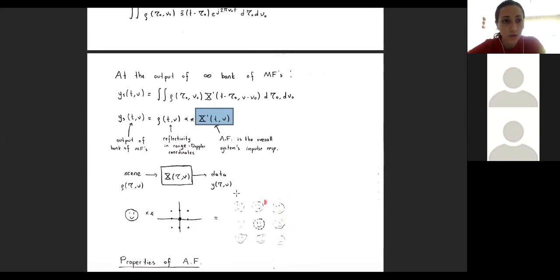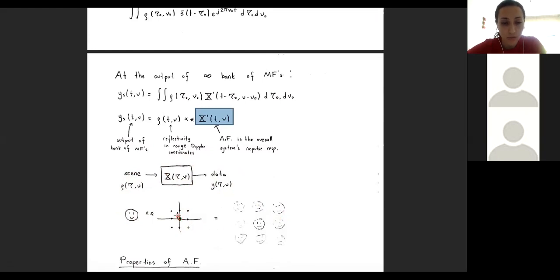So you can interpret this like this. Suppose we have a scene, rho of tau, v, and we have the ambiguity function, which is the impulse response of our system. The output we're going to obtain will be y. Suppose the scene looks like this and our ambiguity function looks like this. We're going to see the convolution of these two as the output of the matched filters.